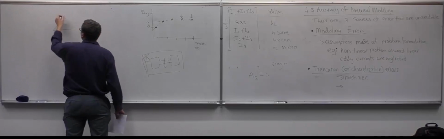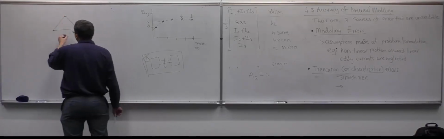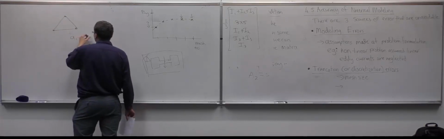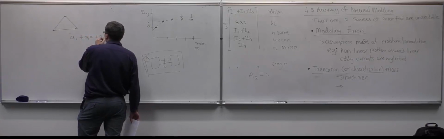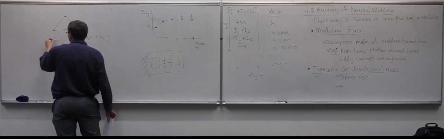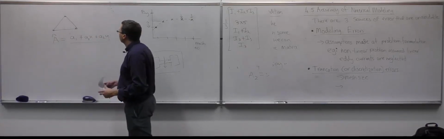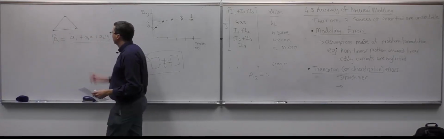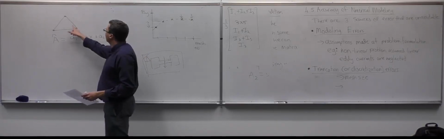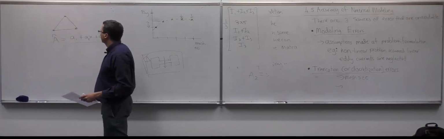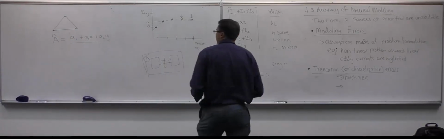So we had our triangle, and we had the trial function here. So what if that's not accurate? If the trial function is not going to be perfect, that's also going to lead to truncation error. But that can be significant.